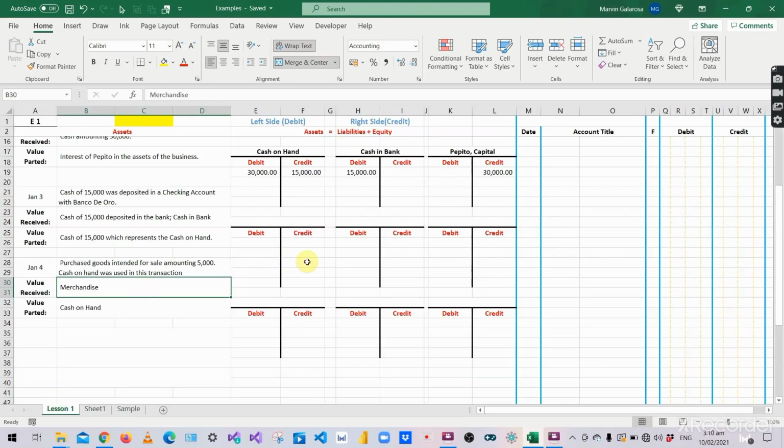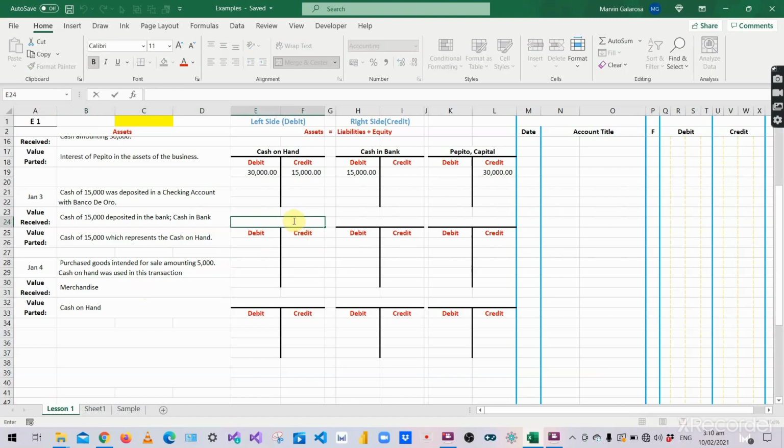So, meron tayong merchandise inventory na na-receive. Dagdagan natin yung T-accounts. So, merchandise inventory.